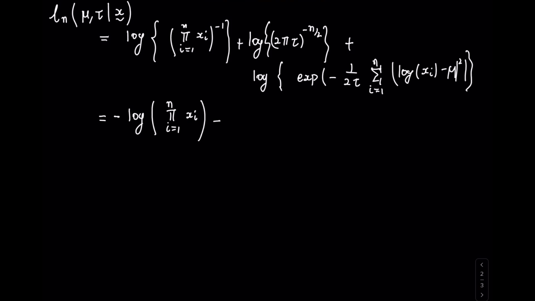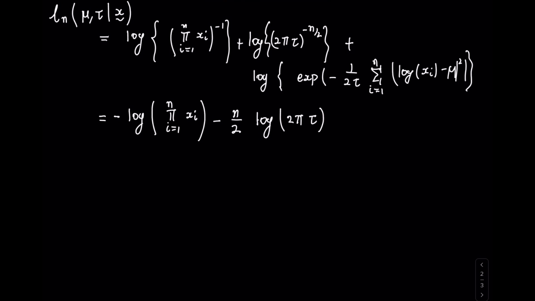Simple and straightforward. The next component, again, has a power inside a log function, so we can bring that power to the front: -n/2, so I'm going to bring that down, and we've still got the log of whatever was inside, 2πτ.